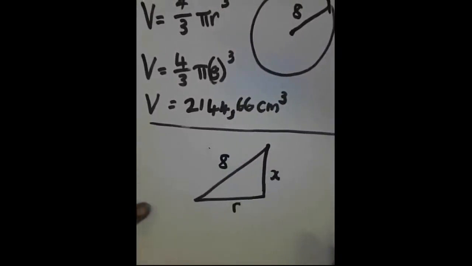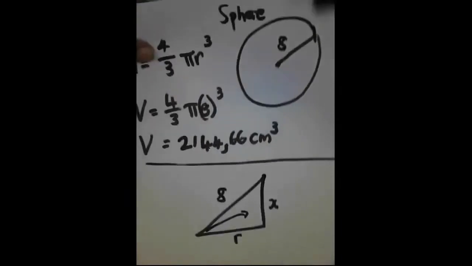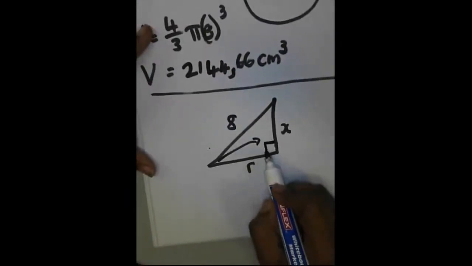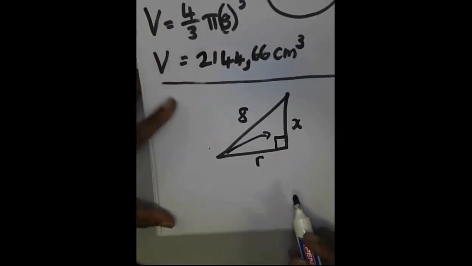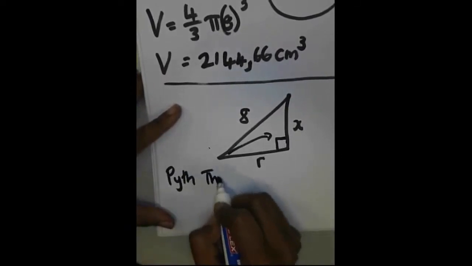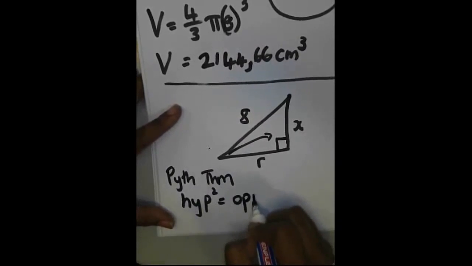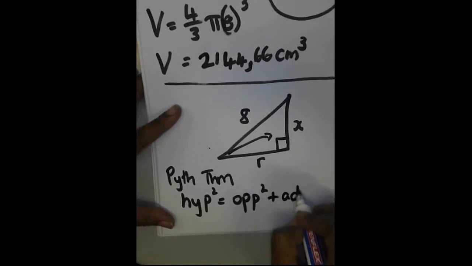So they ask us to show that r squared is equal to 64 minus x squared. That's my angle, that's my opposite side. Let's use Pythagoras' theorem on the sketch because it is a right angle triangle. The hypotenuse squared is equal to the opposite side squared plus the adjacent side squared.